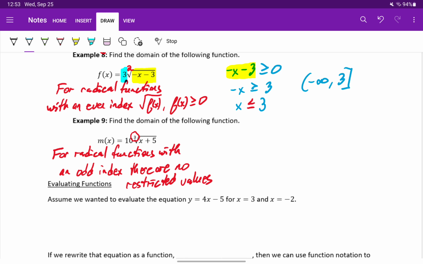Meaning once we recognize that we're dealing with a radical function that has an odd index, in this case 3, we can just state that our domain is negative infinity to positive infinity without doing any work at all.